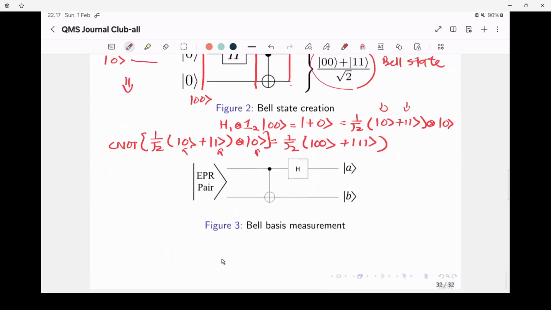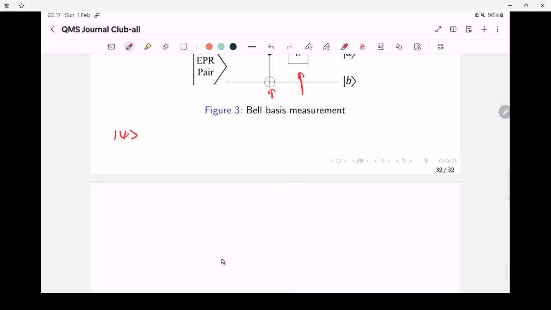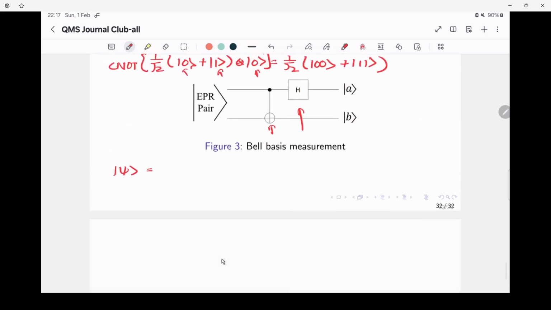So now, how do you perform your Bell basis measurement? If you notice, you are actually doing the reverse process. It is the reverse process because let's say you have your C00. I forgot what the corresponding Bell basis is, but let's say you have psi plus, psi minus.